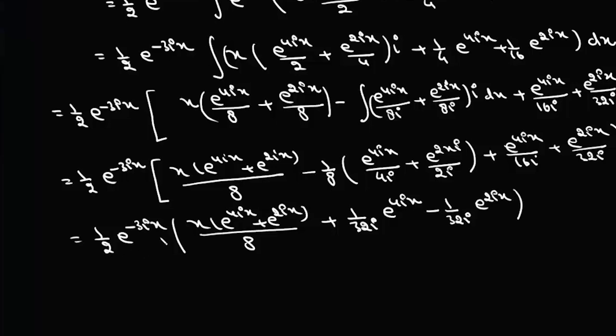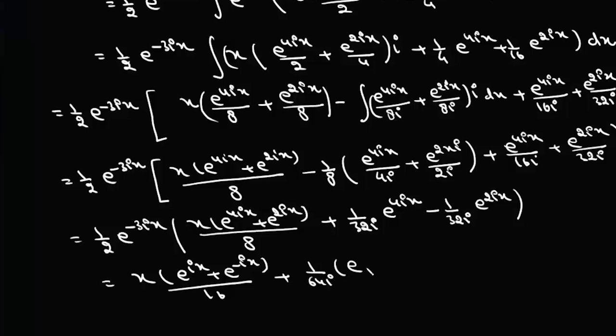Now we will multiply 1 by 2 e to the power minus 3ix inside, so it will be this x, and then it will be e to the power ix plus e to the power minus ix upon 16 plus 1 upon 64i e to the power ix minus e to the power minus ix.